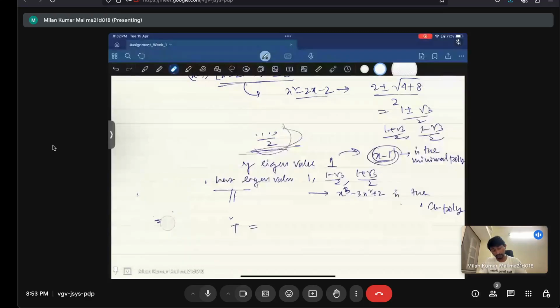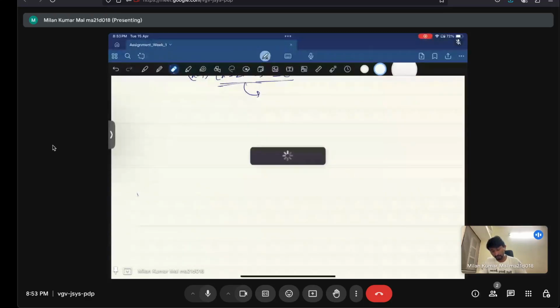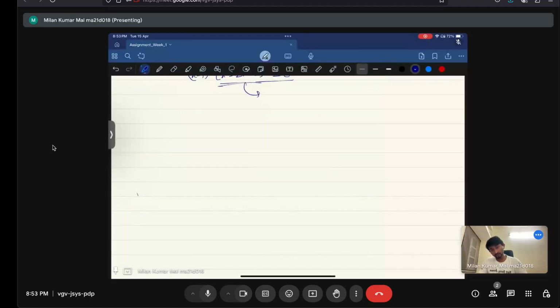So what are the eigenvalues? Let's take alpha equal to 1 plus root 3 by 2 and beta equal to 1 minus root 3 by 2.